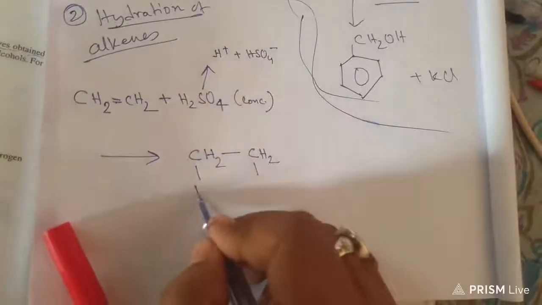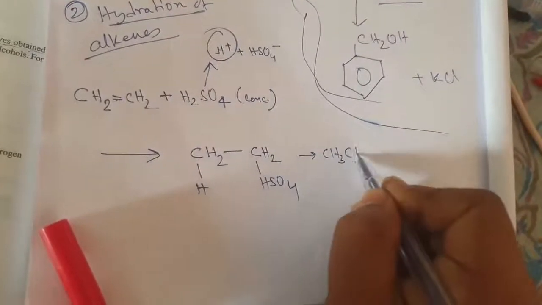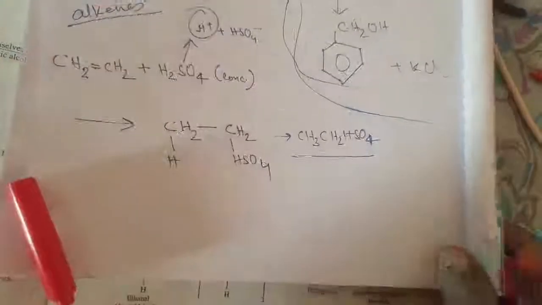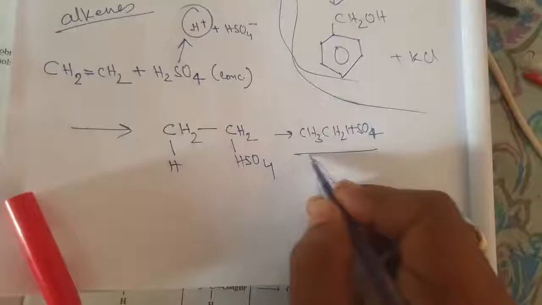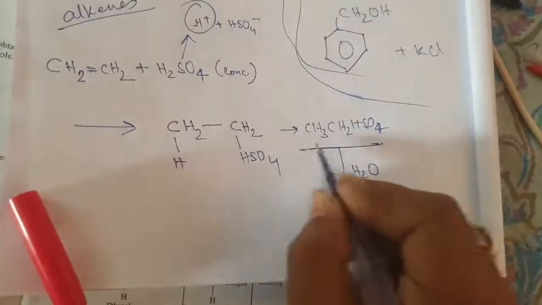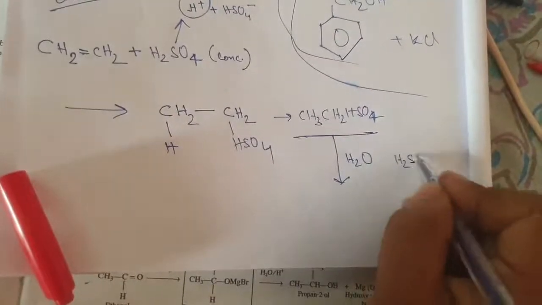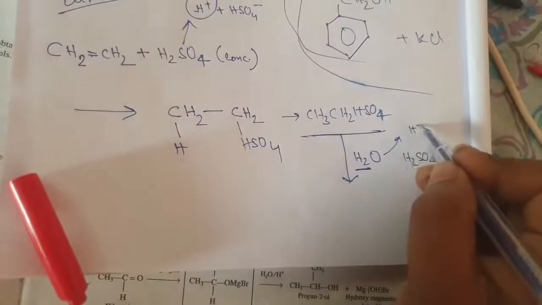Now the H will come here and the HSO4 there. Are you getting my point? So we will get CH3CH2HSO4. Now when you do hydrolysis of it, the HSO4 will go, and hydrolysis means H plus and OH minus.